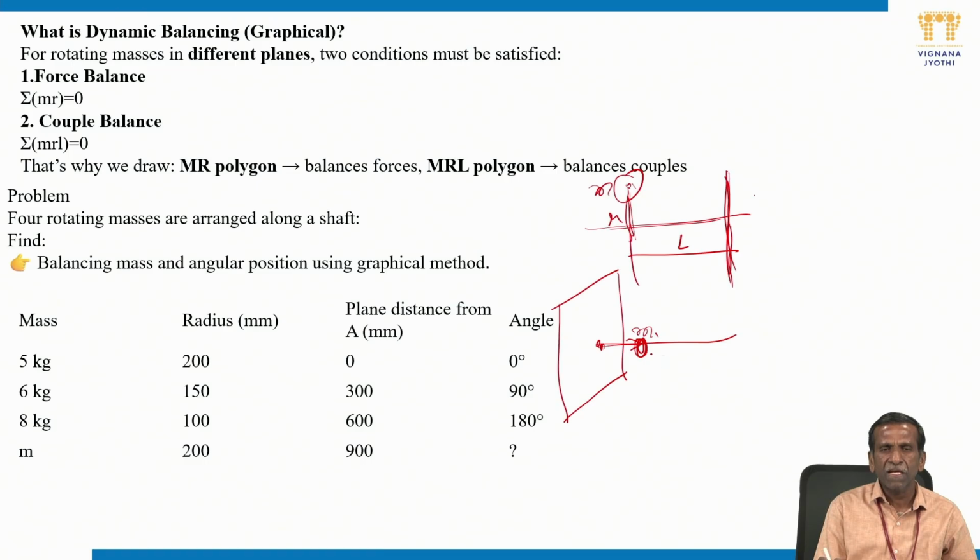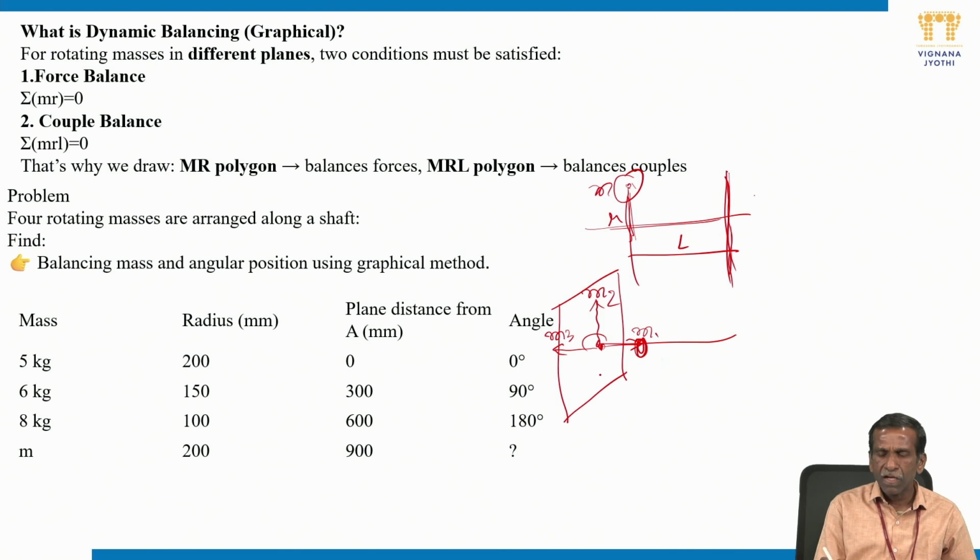The second one has 90 degrees orientation, the mass is 6 kg and the radius of rotation is 150. This is M2. Okay, and the third one is 180. 180 means exactly opposite to this. Okay, so this is the third one, M3.